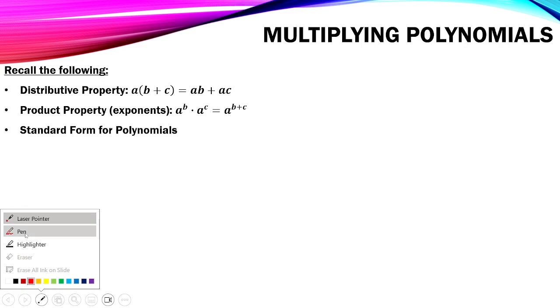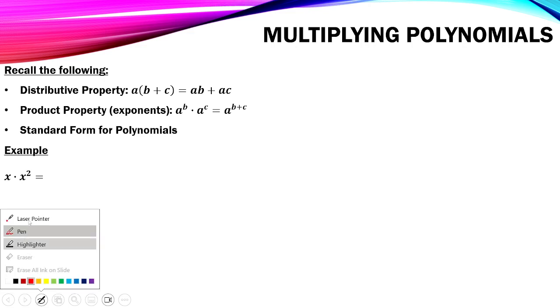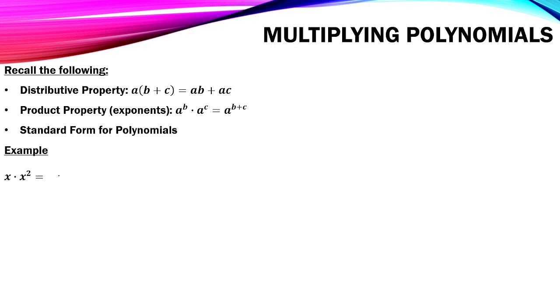But before we do that, let's start with some very easy examples to get us going first, and then we'll get into multiplying polynomials. For example, if I asked you to multiply x times x squared, we should remember from last chapter that when multiplying two bases, our exponents are added, right?